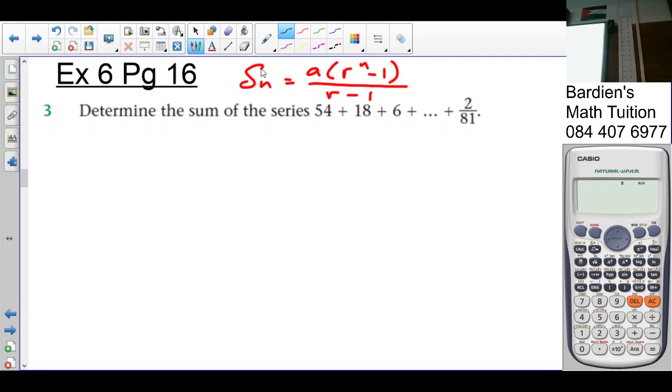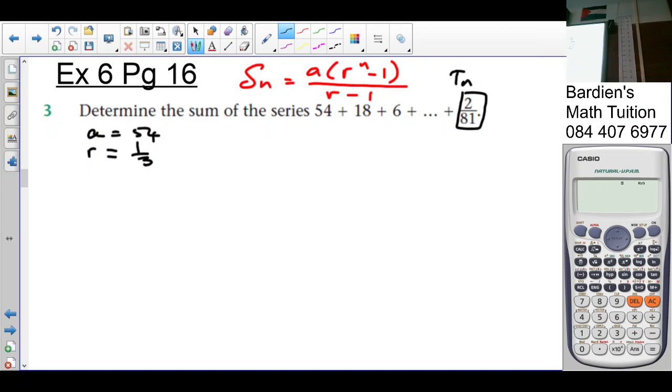Not so? We have R to be term 2 over term 1, which is 18 over 54, or 6 over 18, which is 1 over 3. Correct? So we know that this is the nth term of the series in this case.